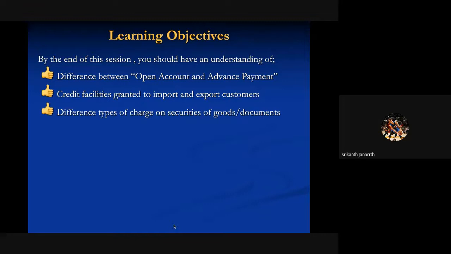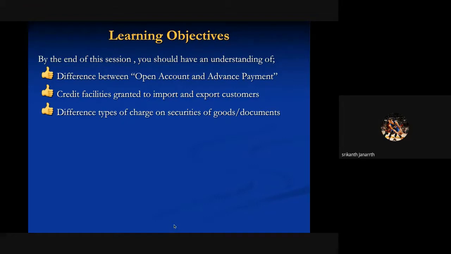When you give a credit facility, you know there are certain things the bank takes to cover themselves. They take some security, collateral or securities. When they take this collateral security, there's a way the charge is created. For example, if you're giving a housing loan, you call it a mortgage.